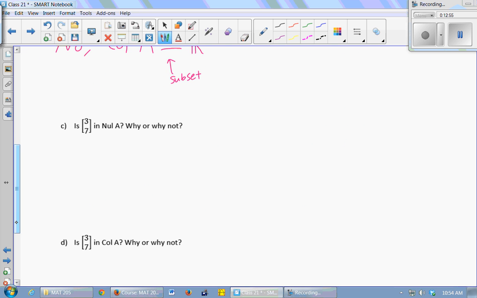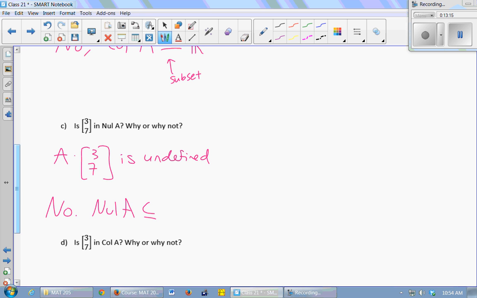So you can't multiply A times 3, 7. It's definitely not going to get mapped to 0. So you could say no, because the null space of A is contained in R4. This guy's in R2. The null space of A is a subset of R4, so it has to be a 4-entry vector.